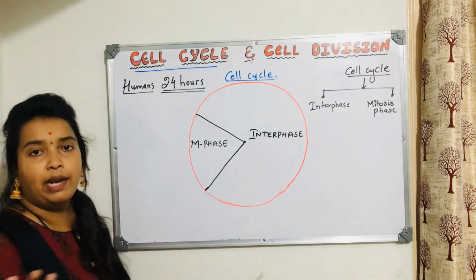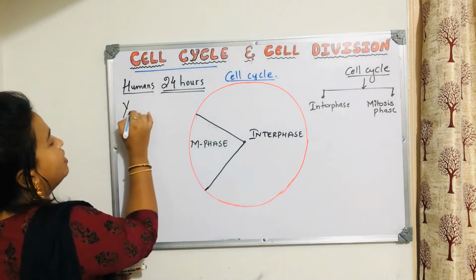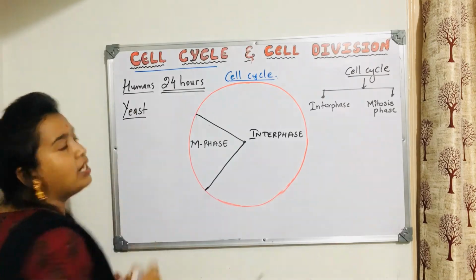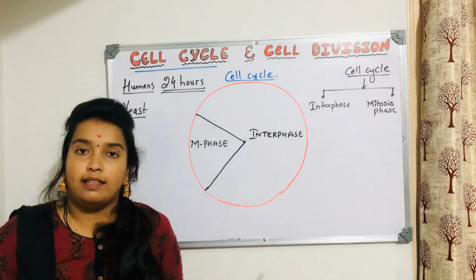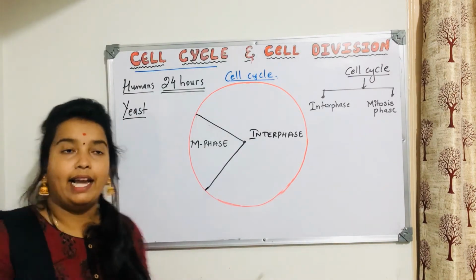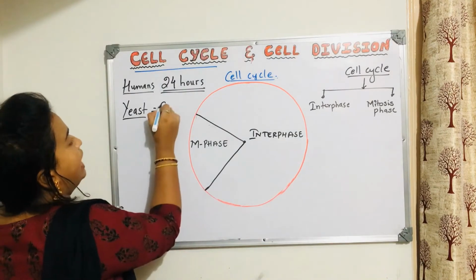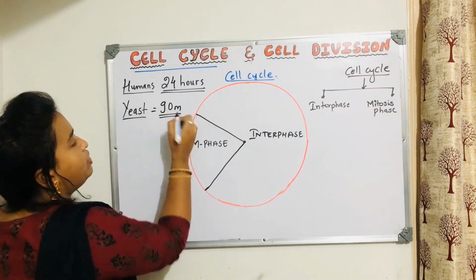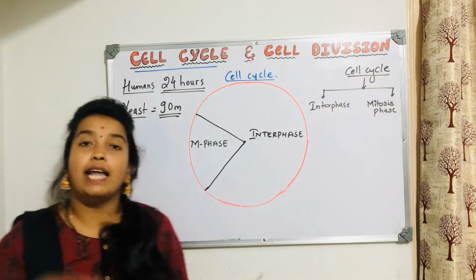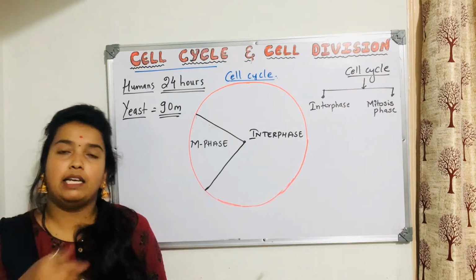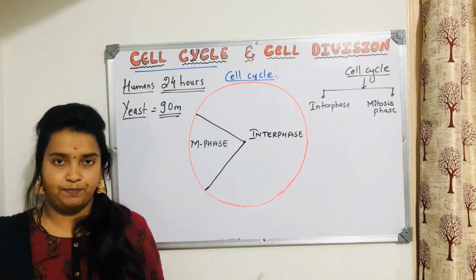Now there is another example I'll give you. For example, yeast, which is a fungus. If you let a yeast cell divide, it will take 90 minutes for a complete cell cycle.